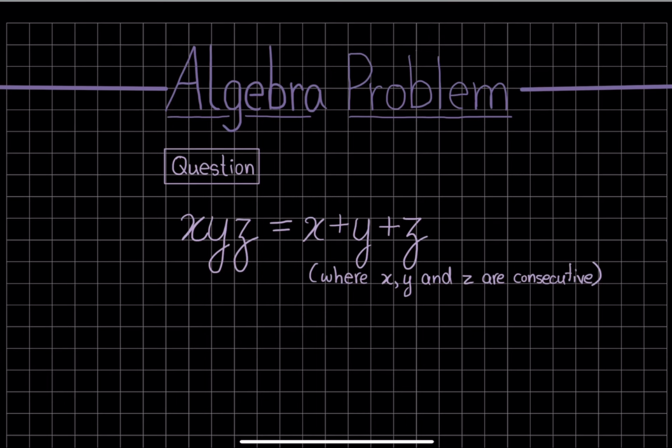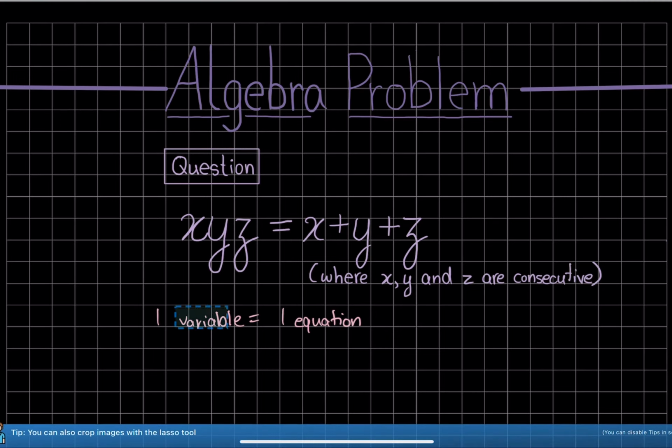And that's the tricky part because we need 3 equations to solve for 3 variables. Because we know that to find one variable, we require 1 equation.